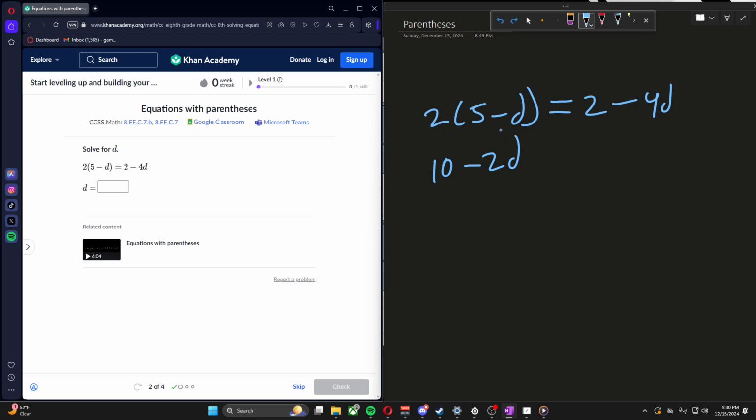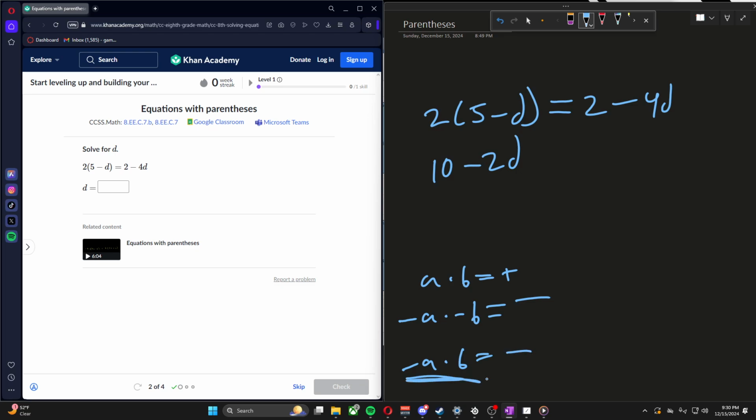If you don't know when you multiply something if it will be negative or positive, if you have a times b, since these are both positive, it will always equal a positive. If you have a negative a times a negative b, they will be positive. And if you have a positive and a negative multiplying together, it will be negative.